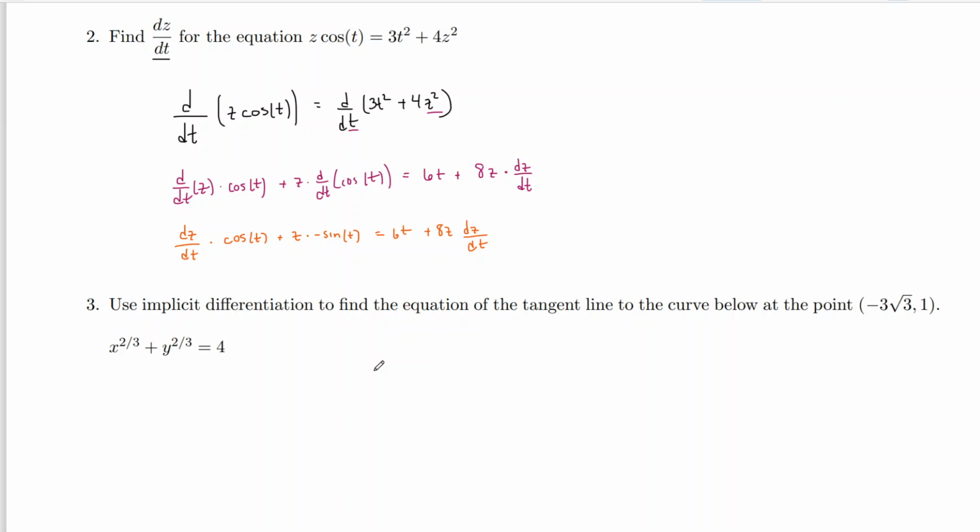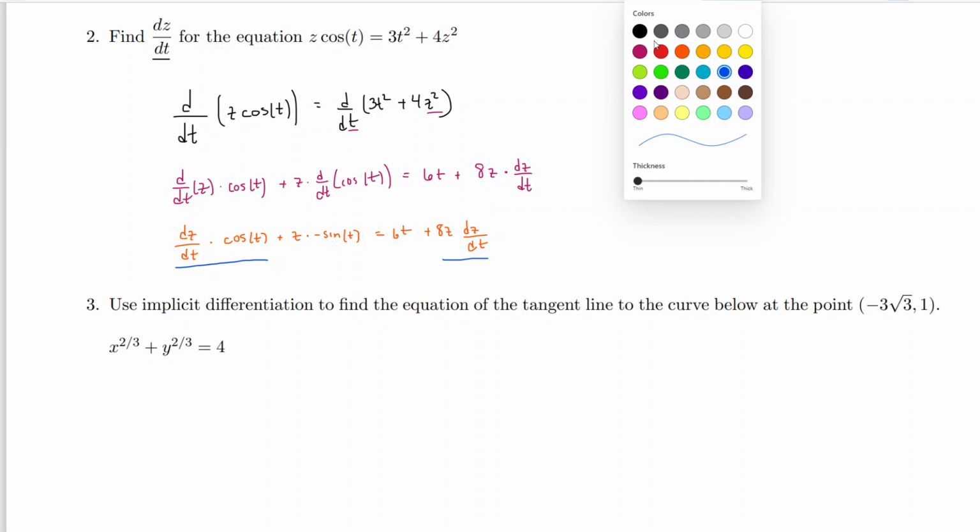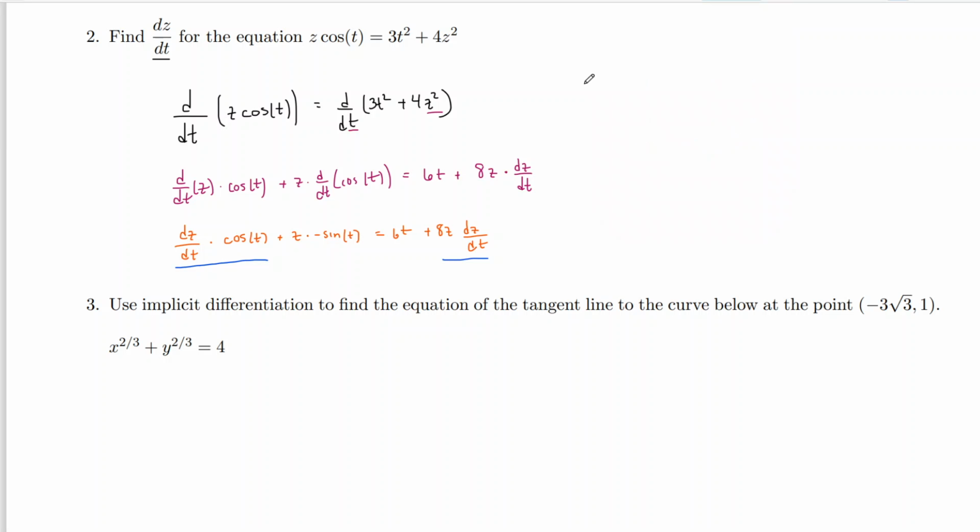And maybe you were a little iffy to this point, but if you were able to get to this point, maybe try to pause the video and see, can you solve for dz over dt? All right, so to get dz over dt, we notice that dz over dt is in two of our expressions here. We want to get these on the same side. I'm going to go ahead and just rewrite this above. I can work right below it.